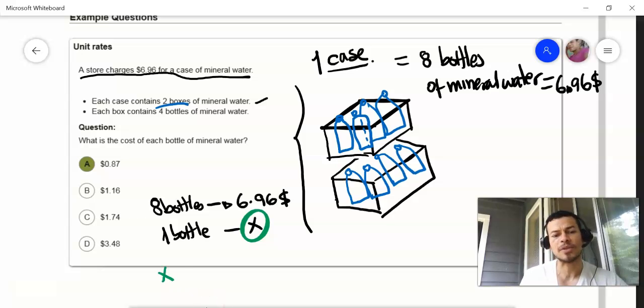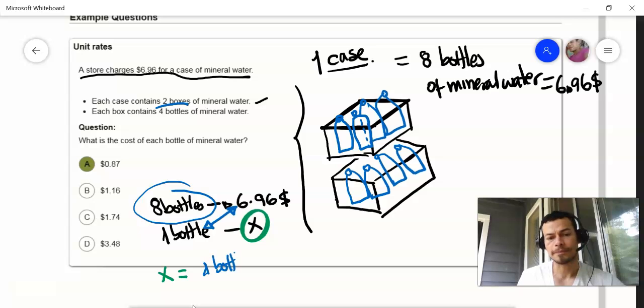We have X, which is 1 bottle, equals, then every single time that I put the information this way, I multiply these 2, the one on the side of the X by the other one on the other extreme, and I divide it by the number that I leave out. So it's going to be 1 bottle by $6.96 divided by 8 bottles.